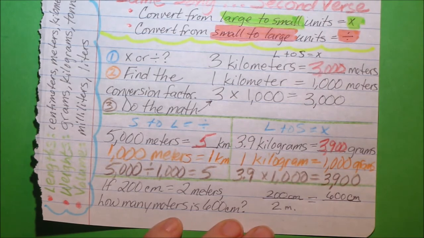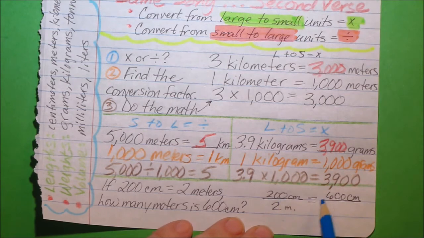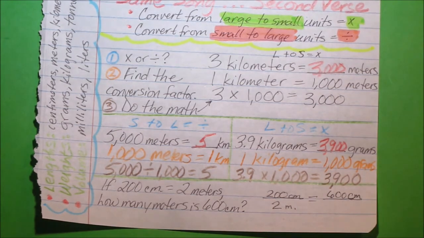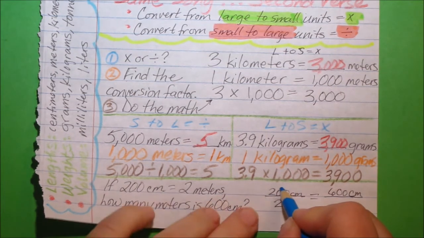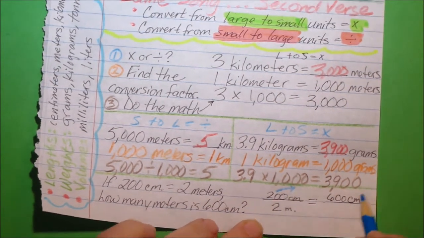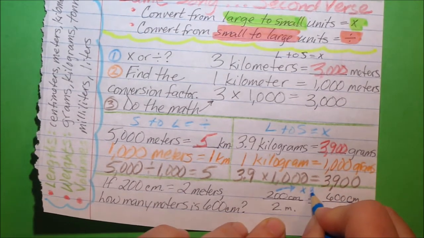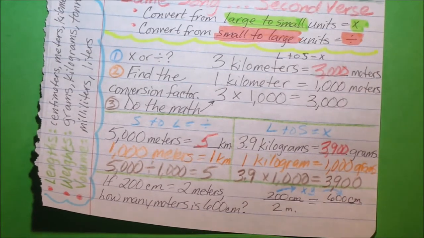So let's remember how we make our equivalent fractions. I have to figure out, what did I do to the 200 to turn it into 600? We usually make these little arrows, and we times it by 3, and that gave us 600.